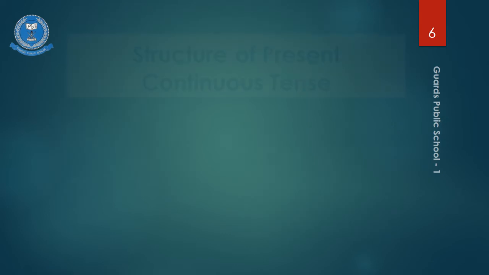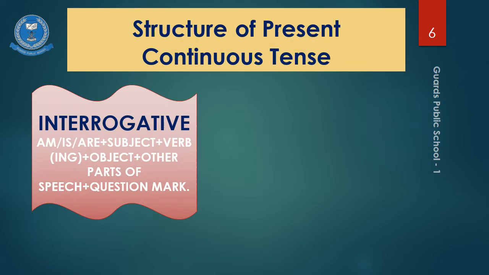In interrogative sentences, we write verb to be am, is, are in the beginning. Then we add subject plus verb ing and object and other parts of the speech, and last but not the least, question mark.